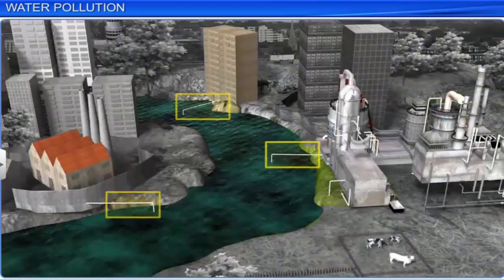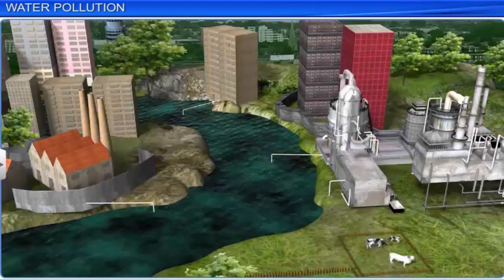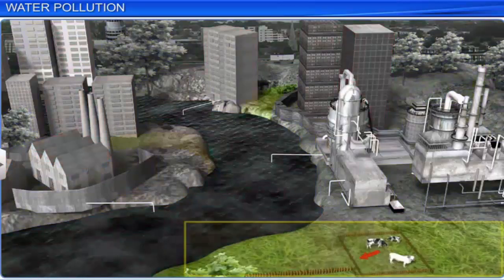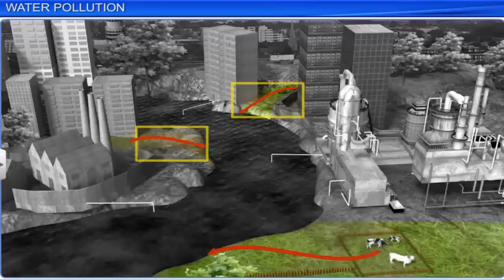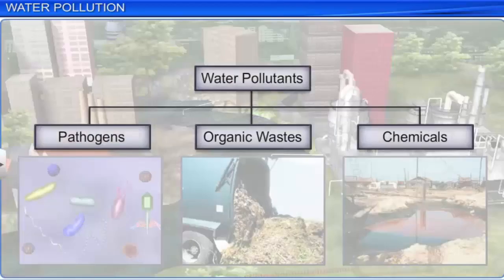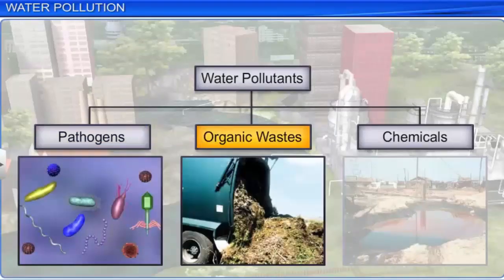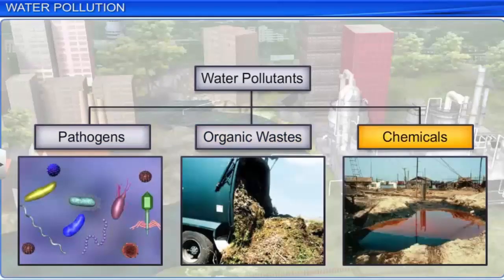Through these sources, pollutants enter the water source. Non-point sources are not easily identifiable, such as agricultural runoff from farms, acid rain, and stormwater drainage from streets and parking lots, etc. These sources add pollutants like pathogens, organic wastes, and chemicals to water.